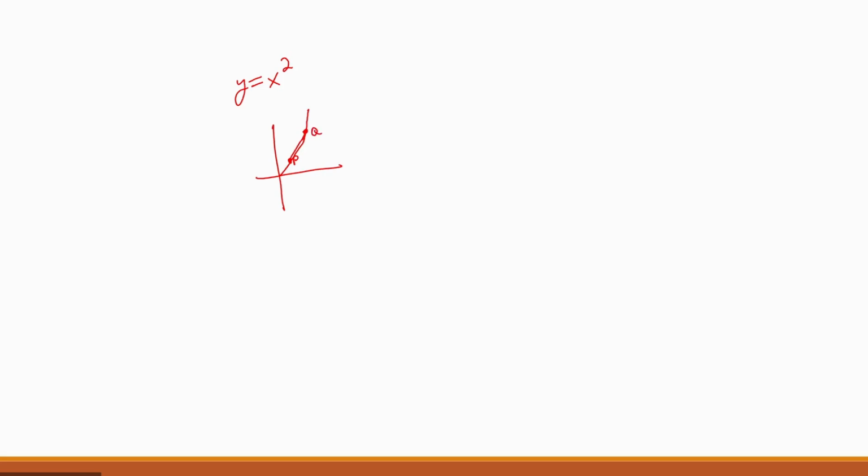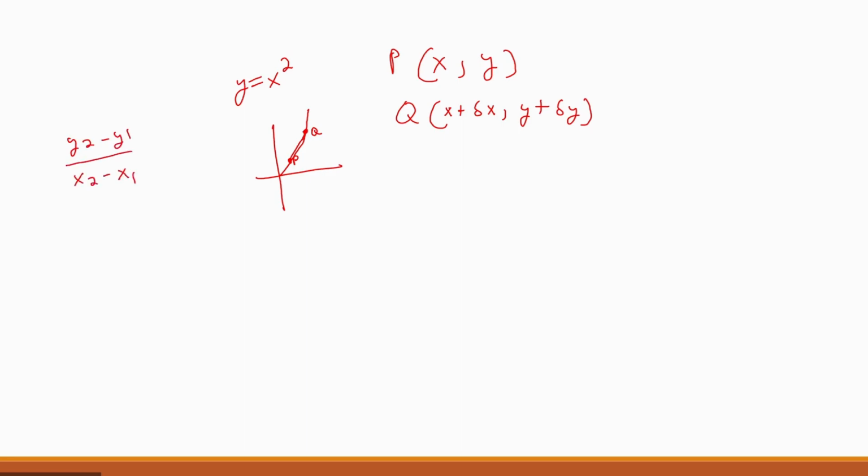The coordinates of p, let's say we have x and y, and for q we are going to say we have the coordinate x plus small change in x and y plus small change in y. You also need to know the gradient formula that we have already discussed in coordinate geometry, which is y2 minus y1 over x2 minus x1.